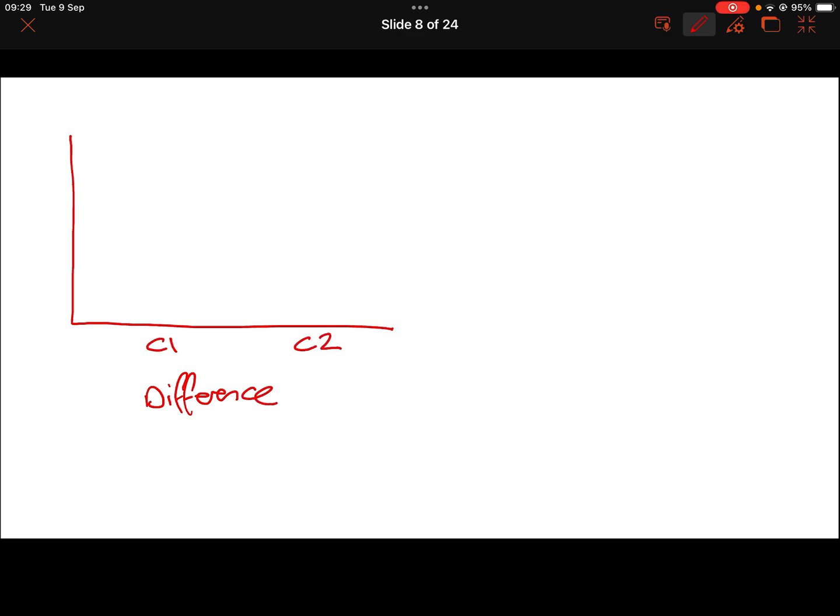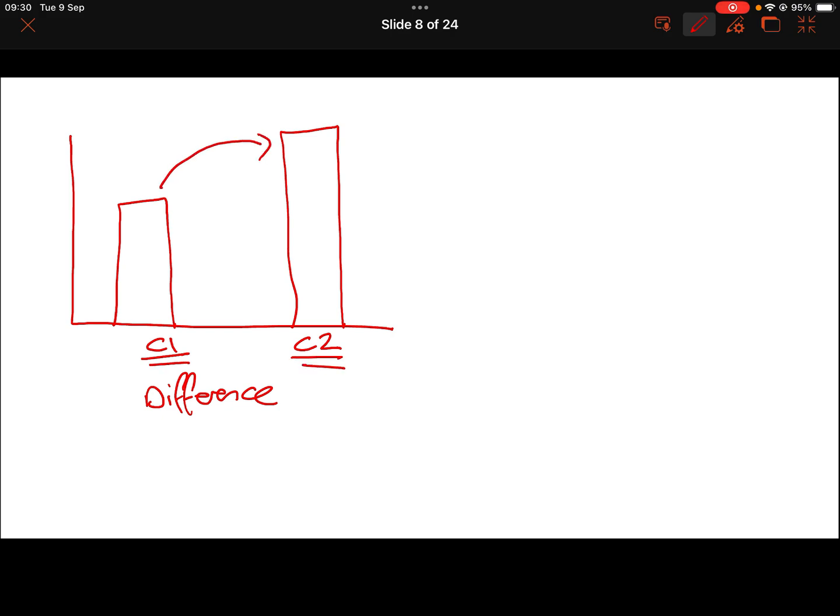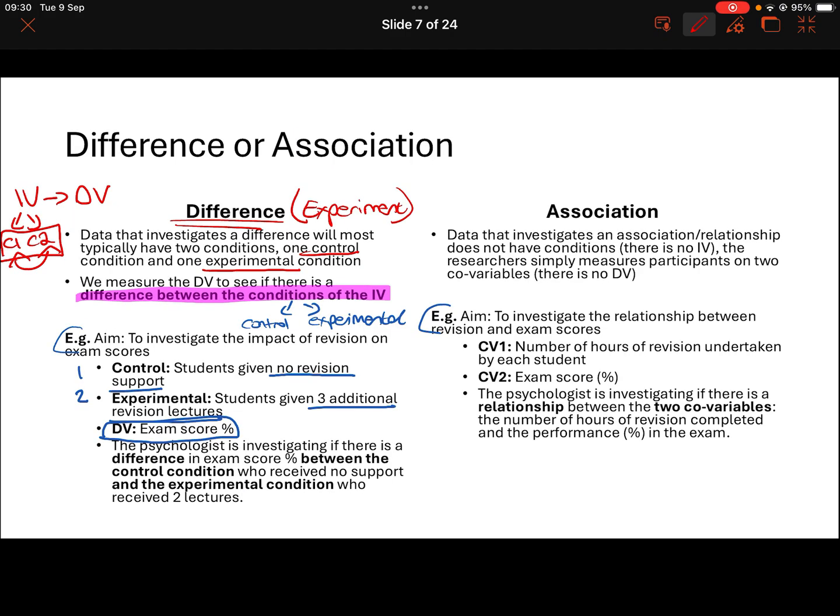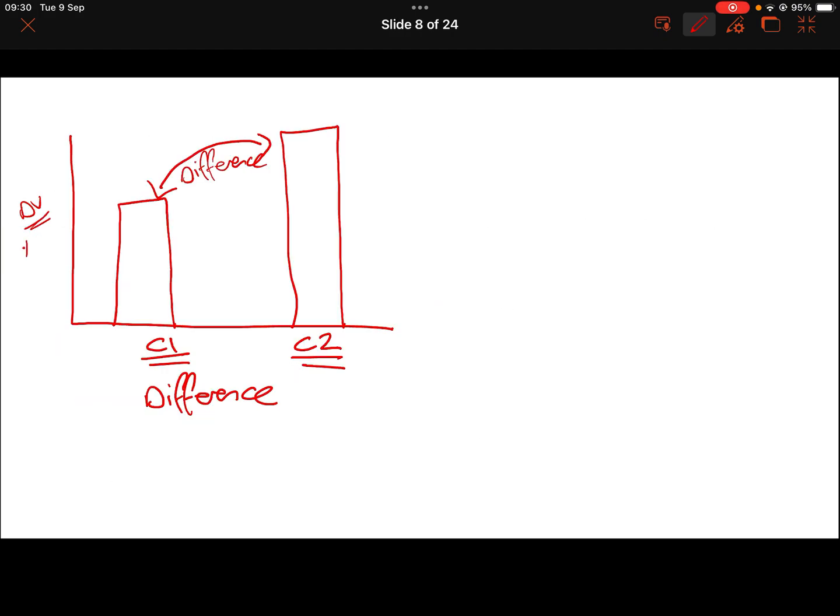So we immediately know that this is going to be plotted via a bar chart where we have our first condition and our second condition, because what we're doing is trying to see if there is a difference between those two conditions on the DV. In this case, we're seeing if there is a difference in exam score percentage between those who had no additional revision support and those who had 3 hours.